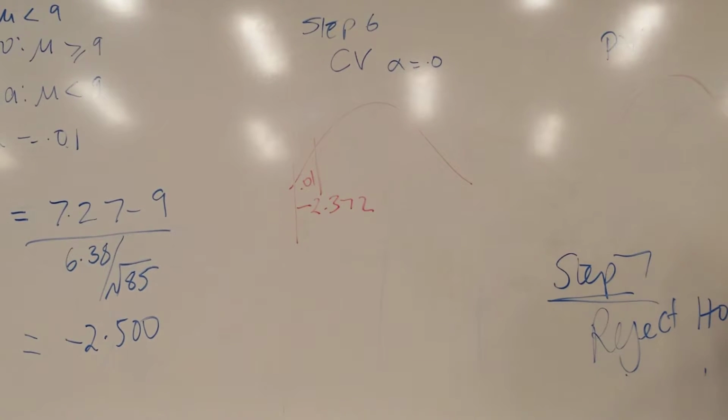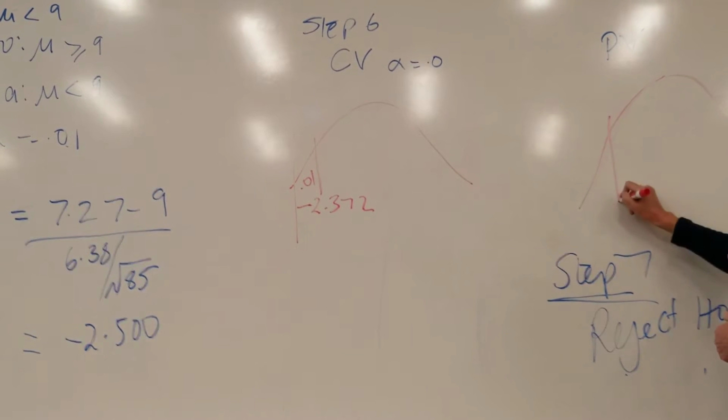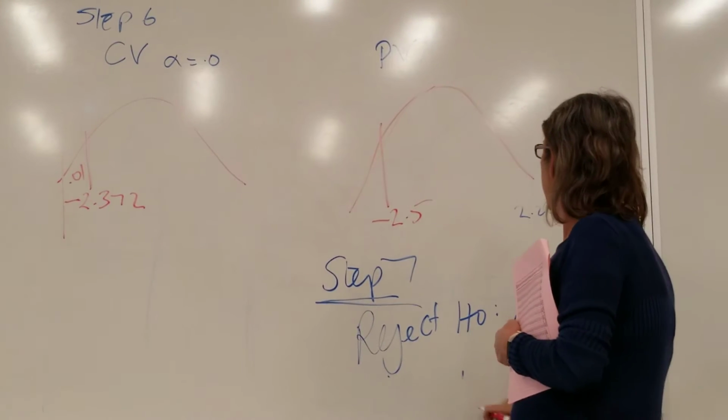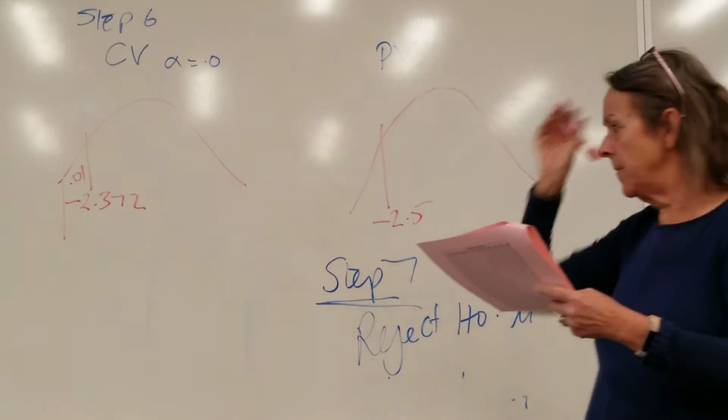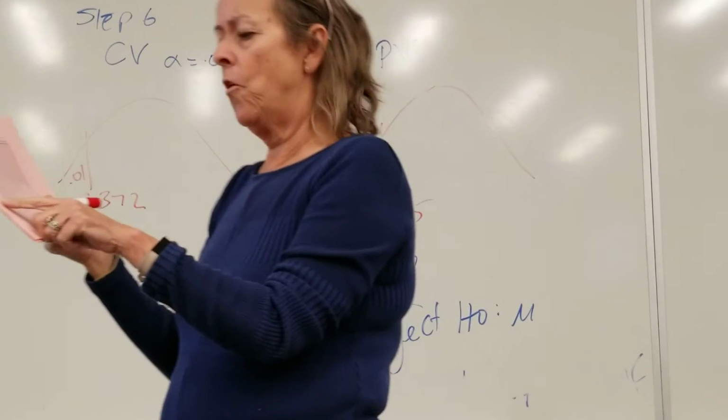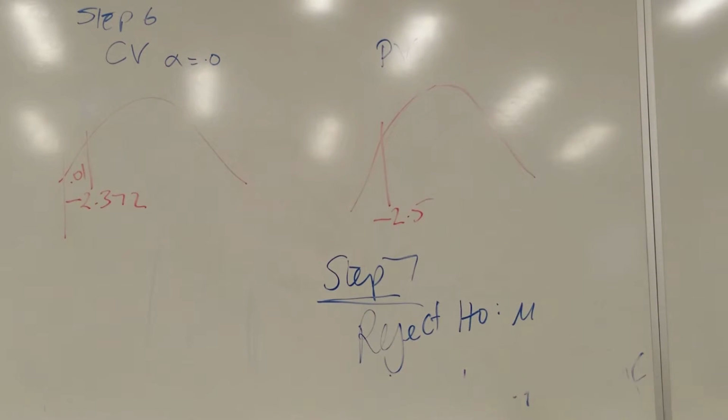For the p-value, you can't look up negatives, you're going to look up positives. We're going to look in here. Along 84, we're looking for 2.5. What is it between?